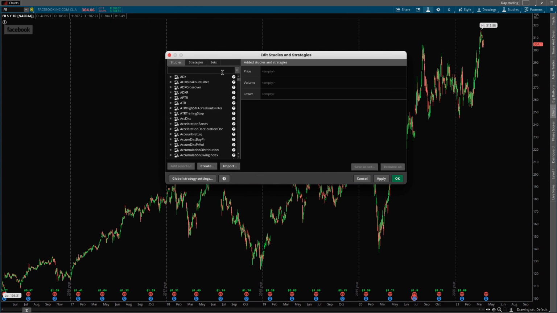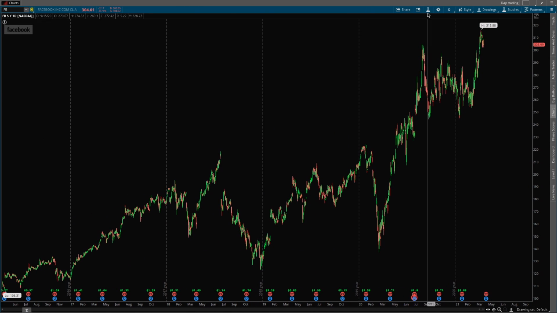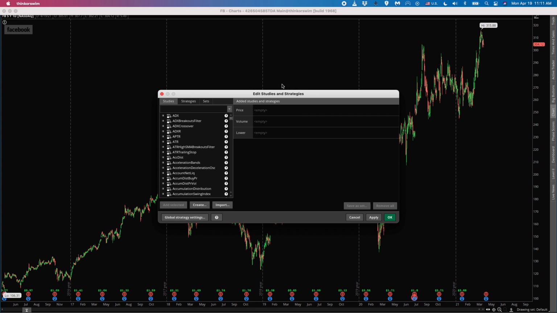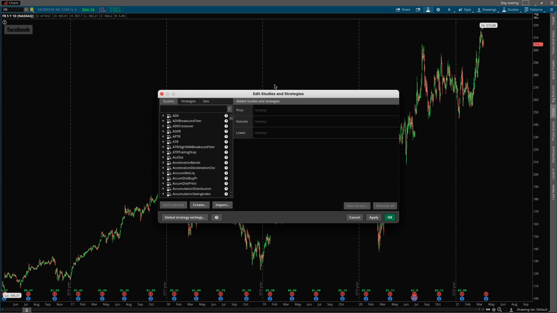So what does that look like? You would get to your studies, and this is thinkorswim. Whichever platform you are using to trade, the information should behave the same because they are the studies, but thinkorswim is what I use. So this is where I'm going with this.